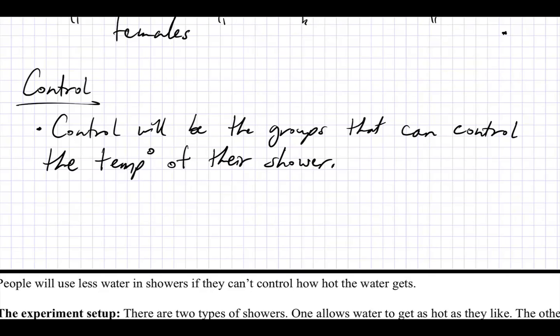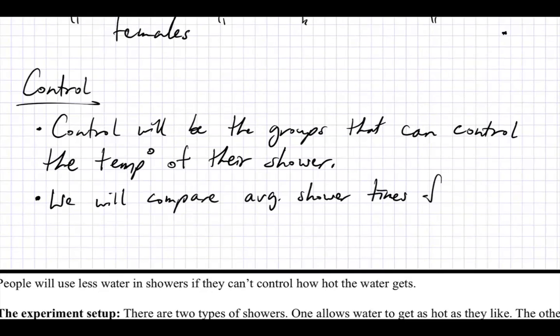The next thing we have to do is explain, how am I going to know if it works or not? What am I going to do? We will compare average shower times for treatment groups versus control groups.